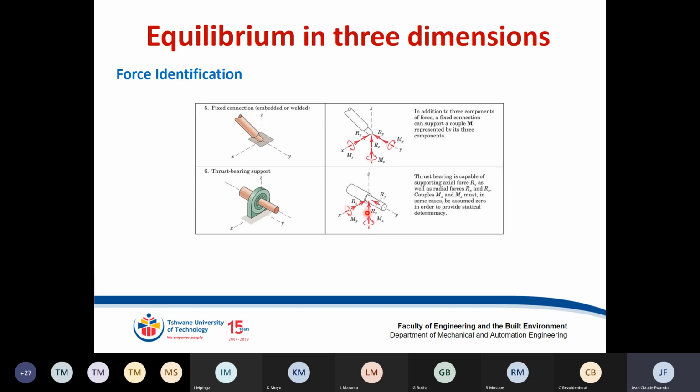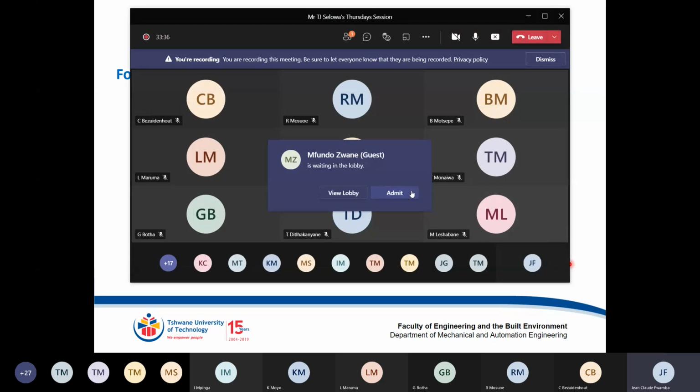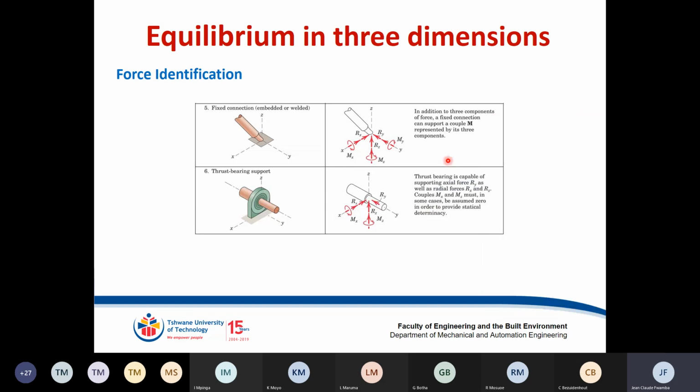Why? Because if you check the center line of that shaft, it's parallel to your Y axis, meaning your Ry does not have a perpendicular distance. That's why you cannot take a moment around your Y axis, right? Moment can only be taken on the other two axes, X axis and Z axis.